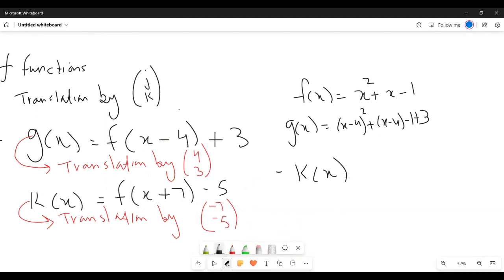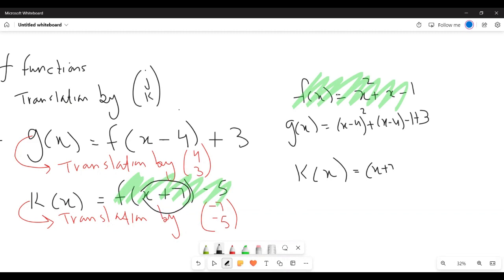It is f(x + 7) minus 5. So what changes do you make to f(x)? It's going to be x plus 7 whole squared, then plus x plus 7, then minus 1 and then minus 5. That is correct, and then you simplify it.